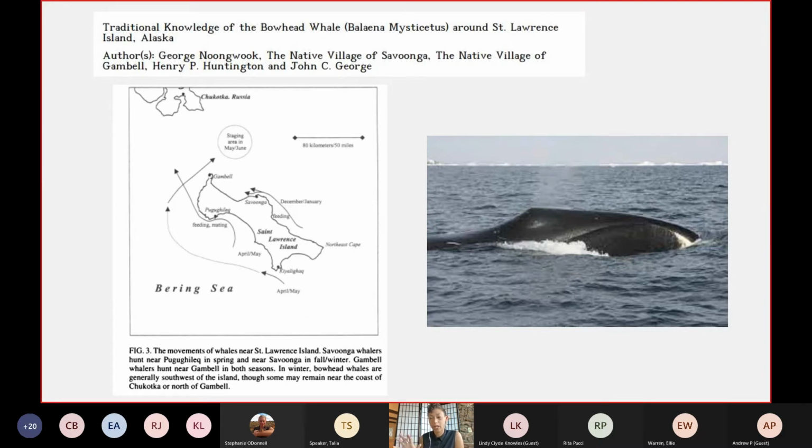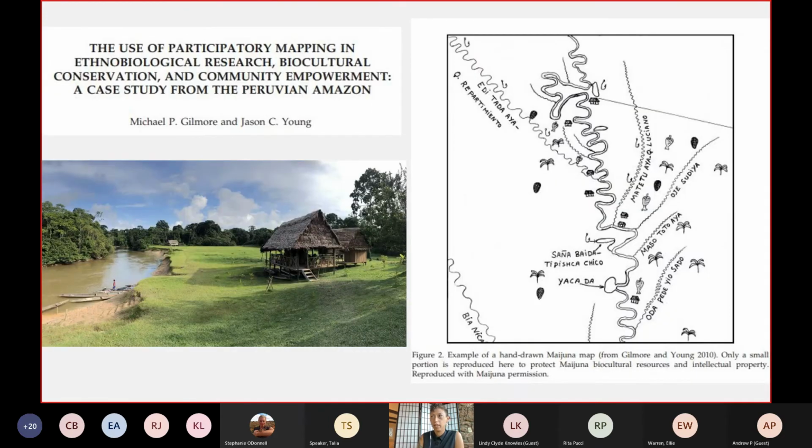And this project ended up opening up more research questions about there being 2 distinct bowhead whale populations here instead of 1, which is what the researchers originally thought. So pretty neat.